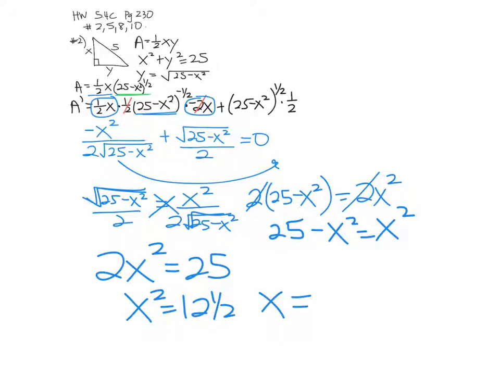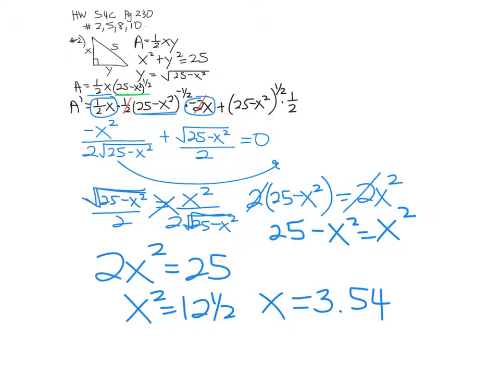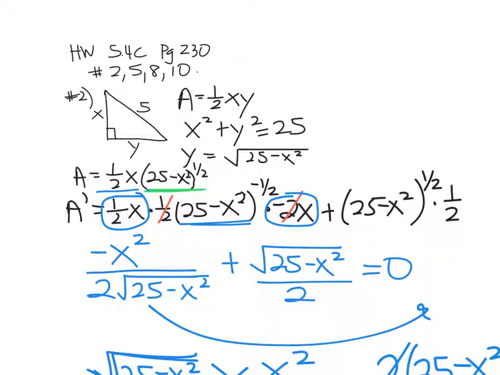The square root of 12.5 is about 3.54. We'll round to 2 decimal places. Okay, so now we're going to go back up to here where y equals the square root of 25 minus 3.54 squared.